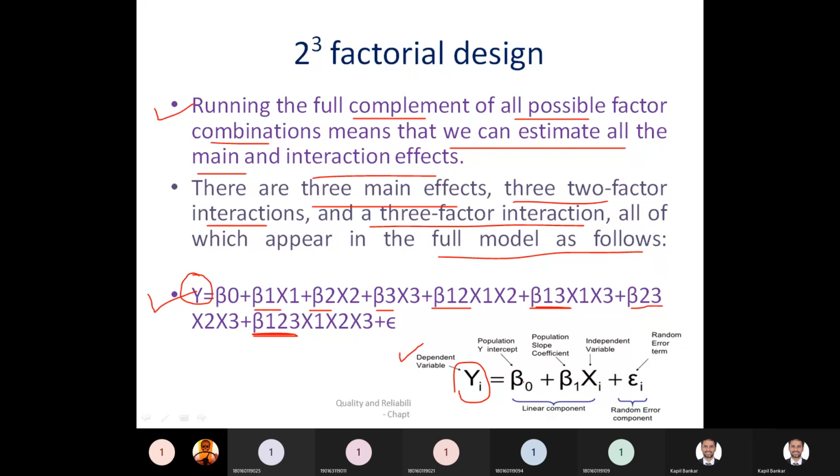Beta 0 is the population y-intercept. Beta 1 is the slope coefficient, and x_i means the first independent variable. And the last term, epsilon, is known as the random error term, or random error component.